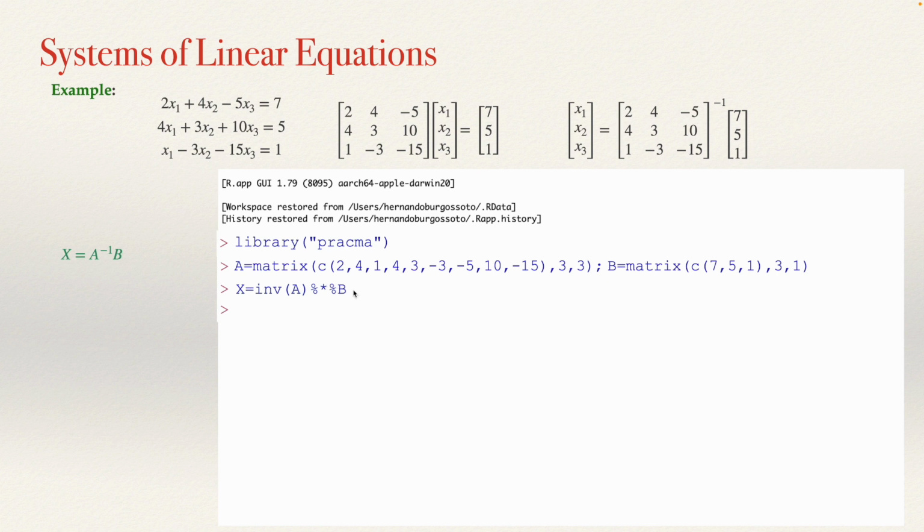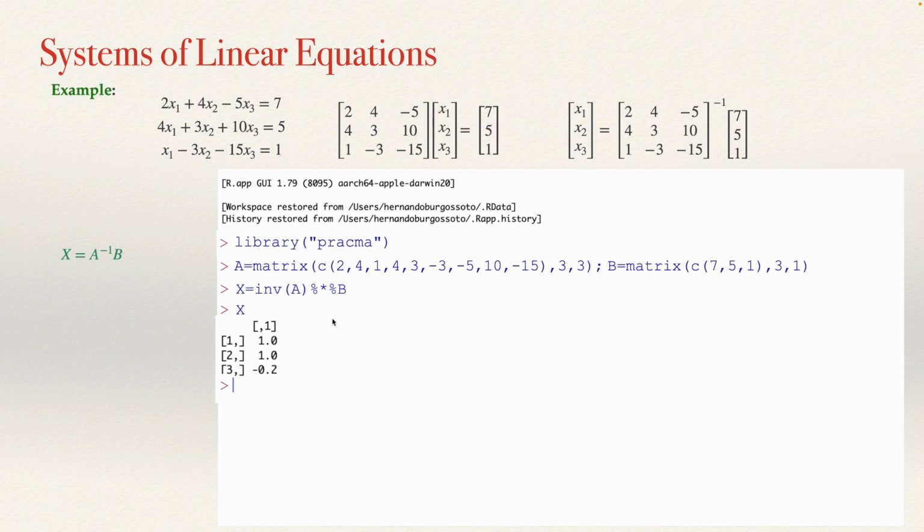Now R knows the result. It knows the result of the vector x, so the vector of unknowns. If you want to see the solution, just type x and then press enter. And R will give you the answer: 1, 1, minus 0.2. So that will be the vector. And that means that the first unknown is 1.